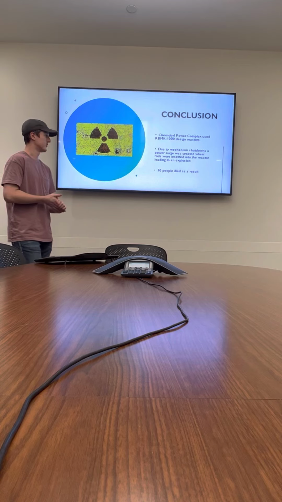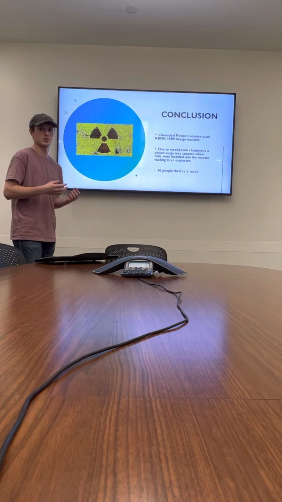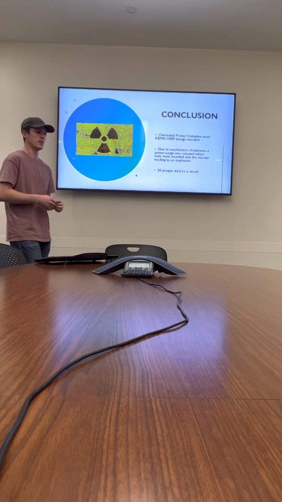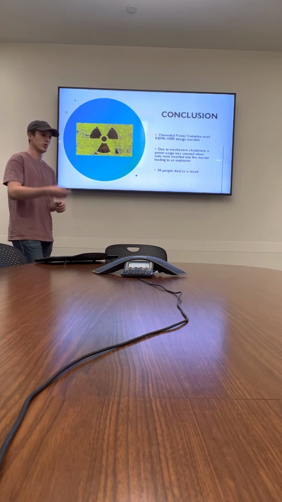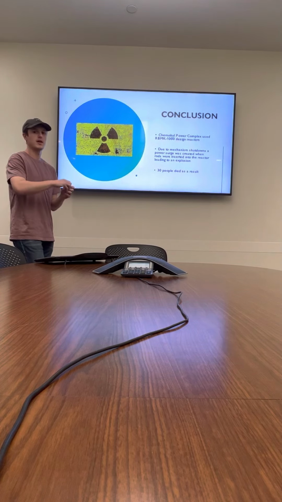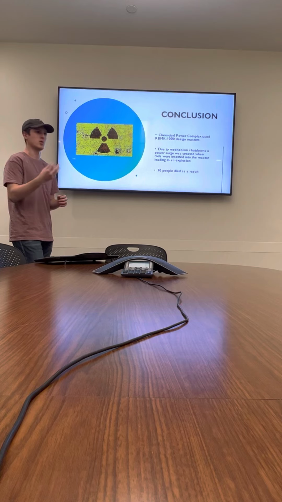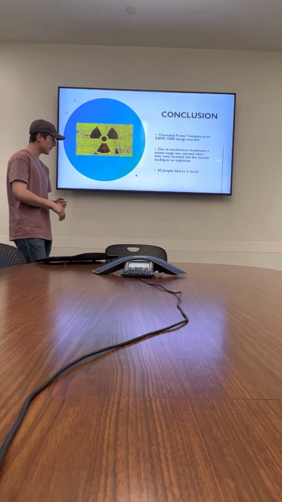And like I mentioned before, the explosion was caused by a big pressure buildup of steam whenever the hot fuel and the cooling water interacted, and it blew up the top of the reactor and exploded, and all the fissure, the chemicals and the radiation that was inside got dispersed into the atmosphere.